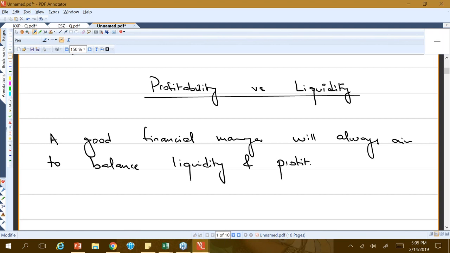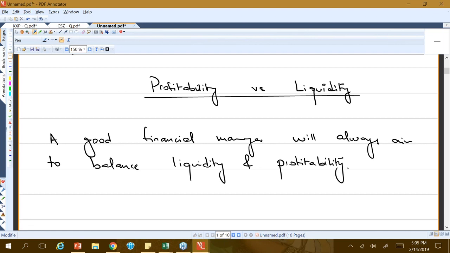Now, excess of any of these two is bad. If we have too much profitability and less liquidity, can you tell me by writing in the comments box or the question box, what is the danger there?